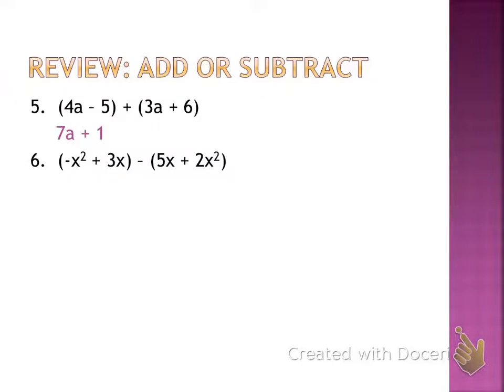Then you can combine the like terms. So you'll have a negative 1x squared minus 2x squared. That's how we get negative 3x squared. And then 3x minus 5x is negative 2x. Any questions?